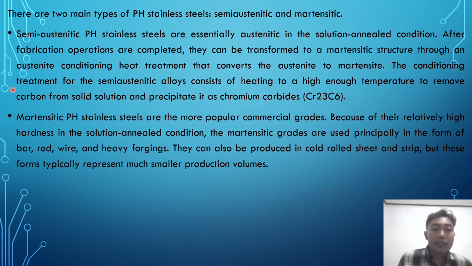The conditioning treatment for the austenitic alloy consists of heating to a high enough temperature to remove carbon from the solid solution, precipitating it as chromium carbide, Cr23C6. Martensitic PH stainless steels are the more popular grades because of their relatively high hardness in the solution annealed condition, and these grades are used in the form of bar, rod, wire, and heavy forgings.